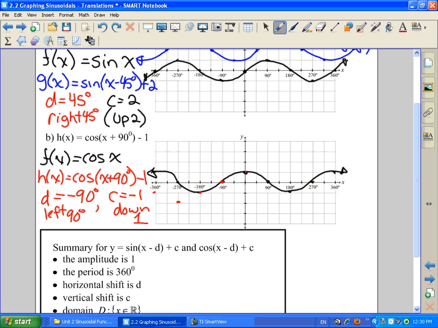Left 90, down 1. Hopefully you see the pattern developing here, guys. Okay, so we draw a nice smooth curve.